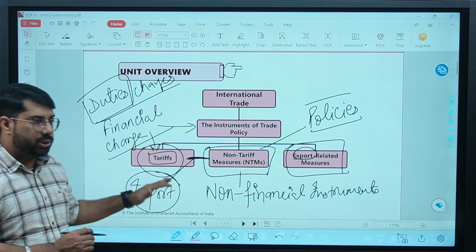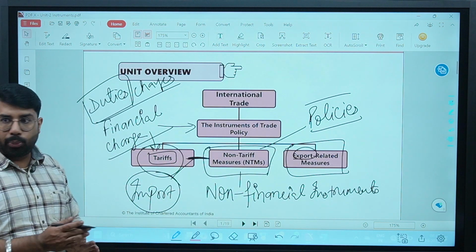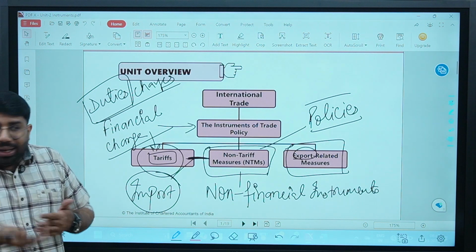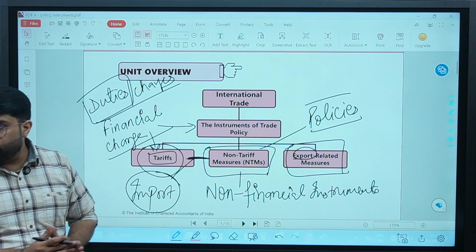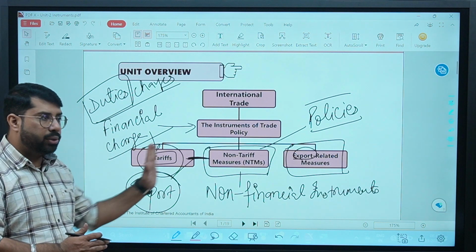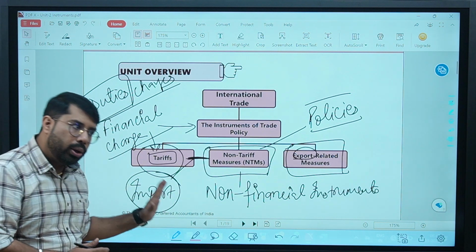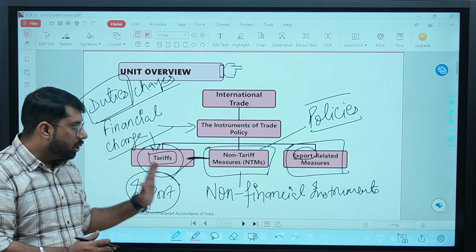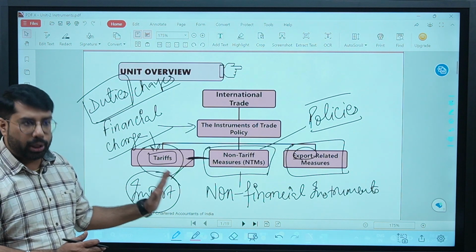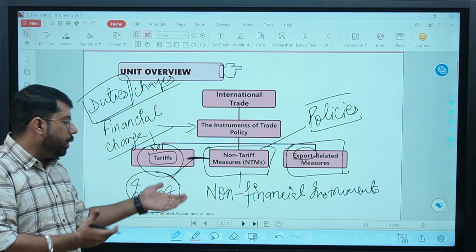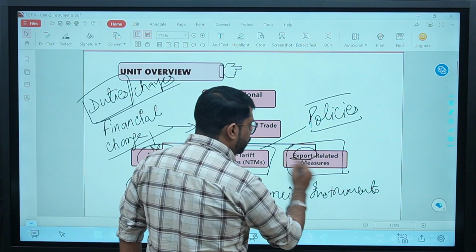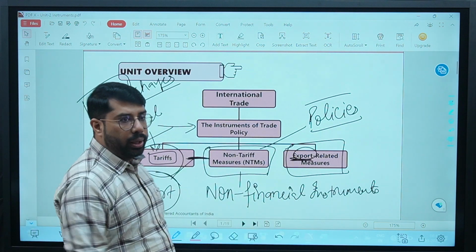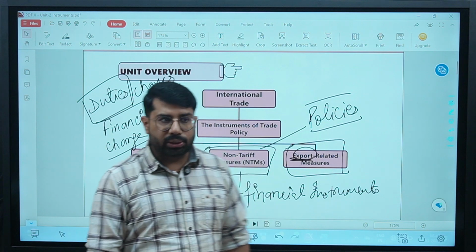These two measures talk about both import export, but they are commonly used in the import part only. Most of the times when we use a tariff and non-tariff measure, we're talking about import only. But that does not mean that they will not be applied on export. They will be, but the majority of times import only will be there, right? And in the third part, we're going to study about the exports only. Are you clear about this thing?